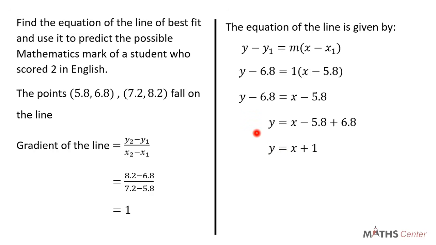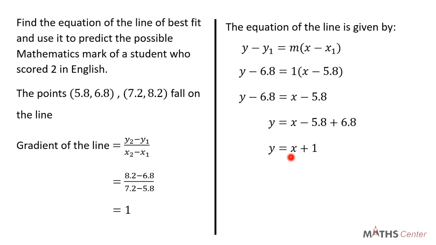Now the question says that we should use the equation to predict the possible mark of a student who scored 2 in English. Remember, from the table, the English values were given to us as our x values. So basically, the question is telling us that we should use the equation to find y when x is 2.